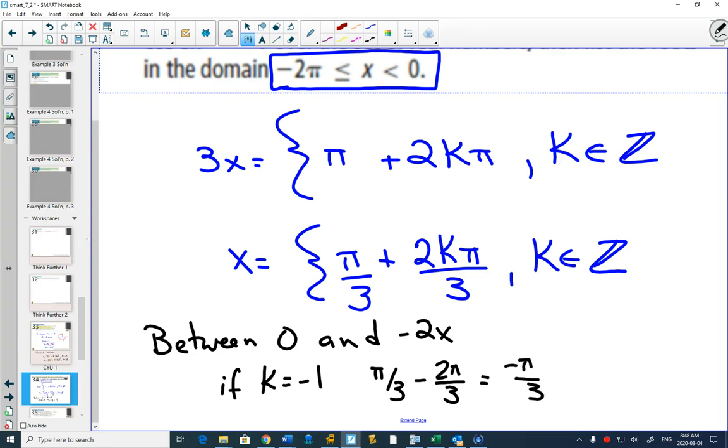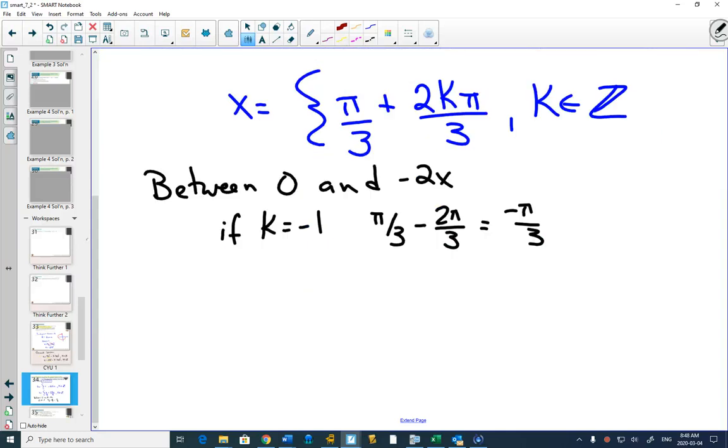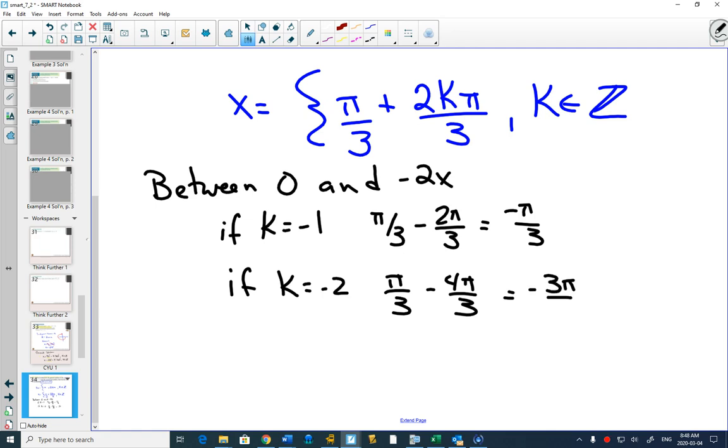There's one solution. Try to determine if there are more solutions. The next value that k could be is -2. Then you'd have pi over 3 minus 4 pi over 3, and that would give me -3 pi over 3. Is that still between 0 and -2 pi?